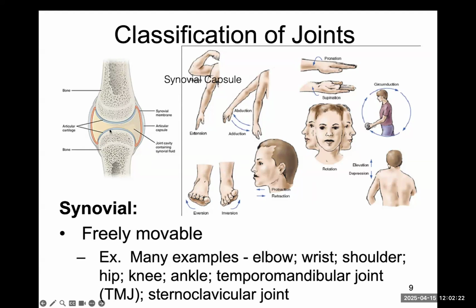There's a capsule that surrounds it, and that's what allows the fluid to be in that space. All these movements that you see over here are caused by synovial joints, and the function of the fluid is basically to cushion the bones so they don't damage each other from all this movement, because they move a lot. So the synovial fluid is cushioning.